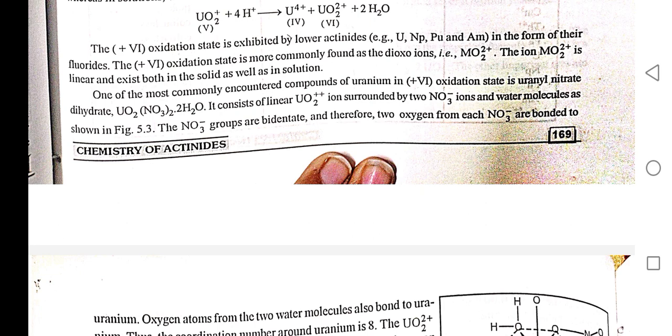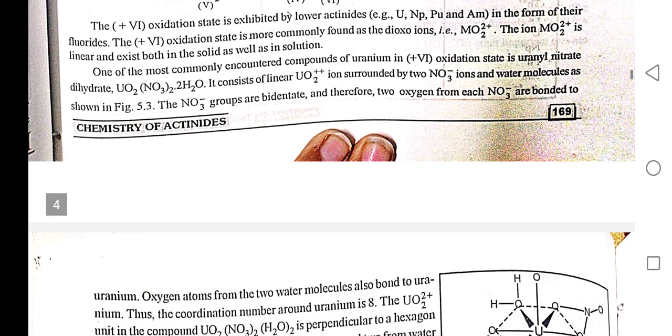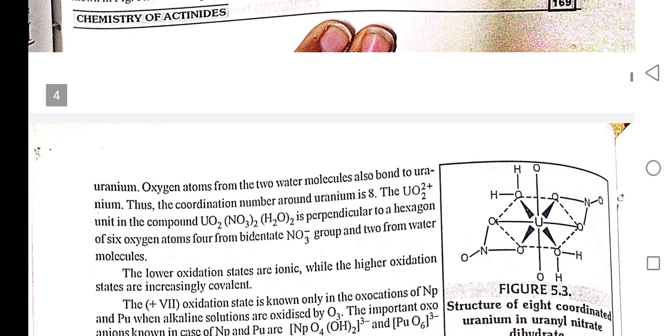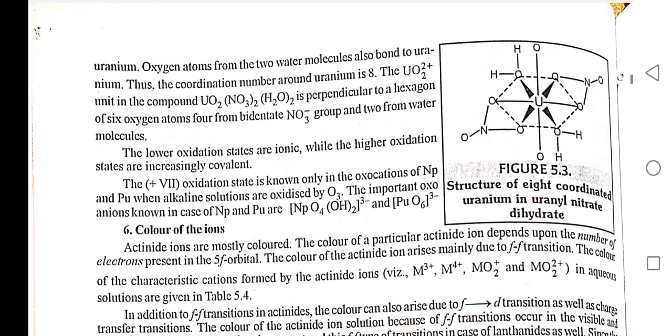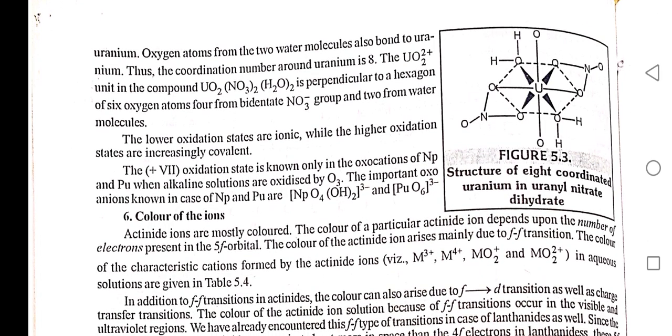The NO3- groups are bidentate, and therefore two oxygens from each NO3- are bonded to uranium. Oxygen atoms from the two water molecules also bond to uranium. Thus, the coordination number around uranium is 8.